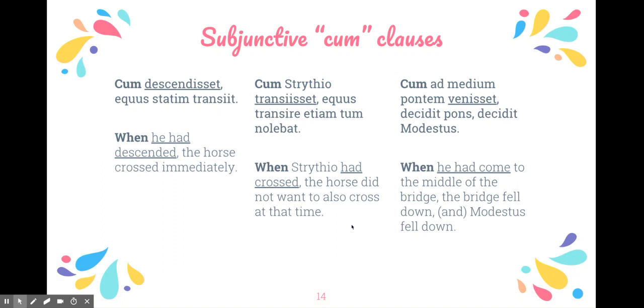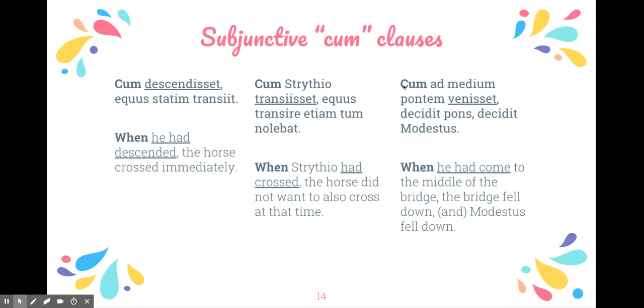So let's take a look at a few subjunctive cum clauses to give it a voice. When he had descended, cum descendisset, the horse immediately crossed. Cum strthio transisset, equus transire etiam tum nolebat, when the ostrich had crossed.